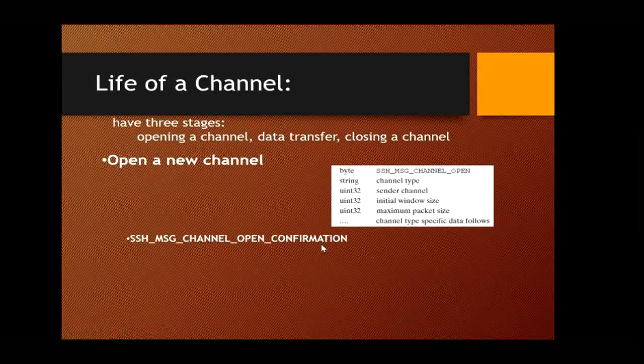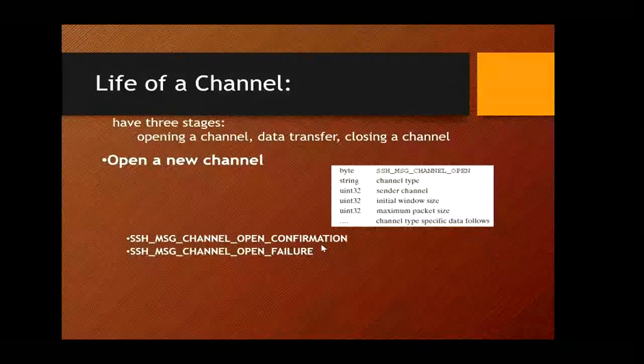Otherwise, if the remote side is not able to open the channel, the remote side will send a message SSH_MSG_CHANNEL_OPEN_FAILURE with a reason code indicating the reason for the failure.